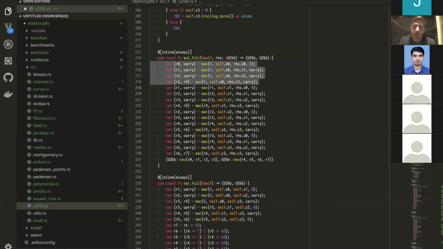These are the 128-bit result multiplications I was talking about. And as you can see, there are 16 of them. And this reflects the fact that we have 4 limbs. So your multiplication routine grows quadratically in the number of limbs that you have. So if you go to larger numbers, you are forced to have more limbs, and your performance will suffer quickly.